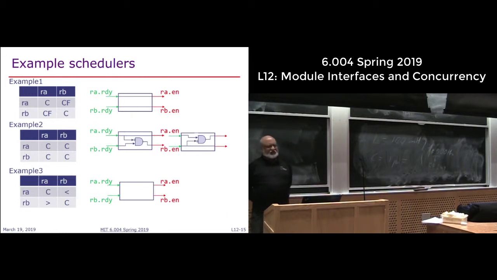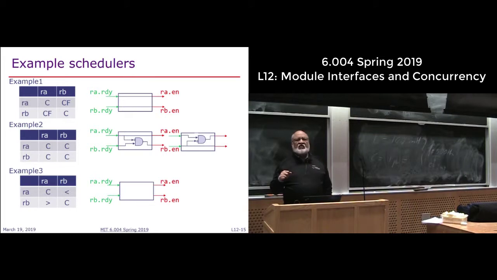Now the last case is also very interesting. Does anybody remember the meaning of less than? RA less than RB, what does it mean? Yes? RA should go before RB if we do that sequentially. So it says that you can execute them concurrently, and the functionality will be as if RA happened before RB. So what does the scheduler do? All it cares about is whether RA and RB can execute in parallel or not. It says sure, you can do it. So the scheduler will look like this.